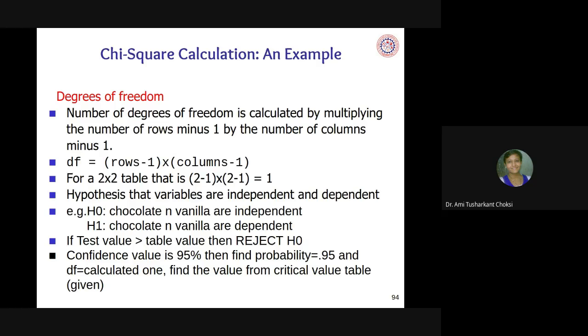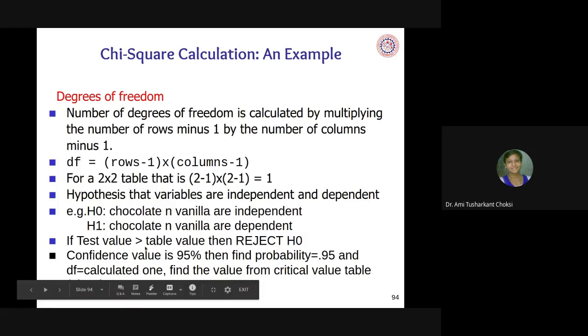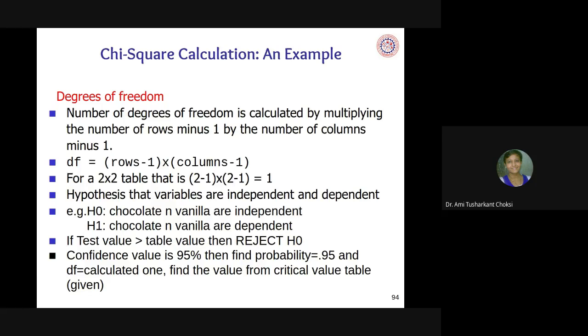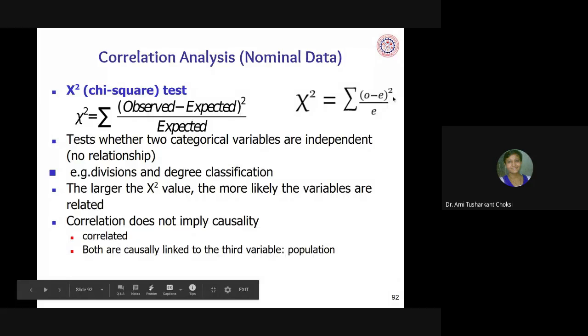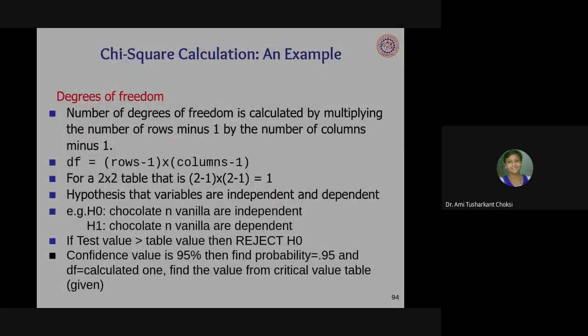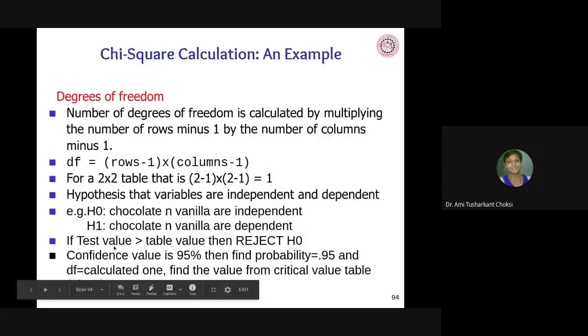Fine? Okay. So the test value, whatever we calculate from the equation, that is chi square equal to sigma of O minus E whole square divided by E, right? With this, we are calculating the value. That calculated value is the test value.